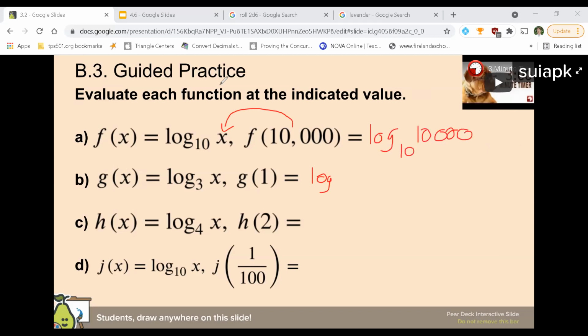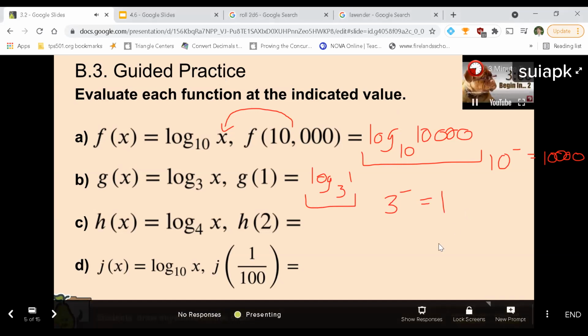Log base 10 of 10,000 is asking 10 to the what power is 10,000. How many times do you have to multiply 10 by itself till you get to 10,000? Letter B is asking 3 to the what power is 1? C and D, I'll let you set up yourself. I'll give you 3 minutes to do these 4 problems, and then we'll go over.